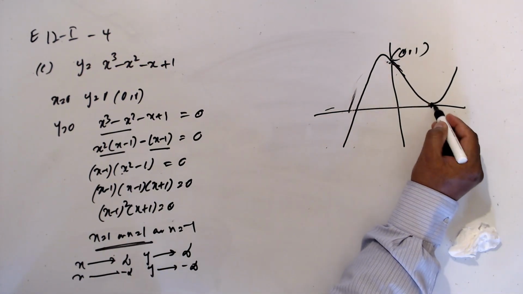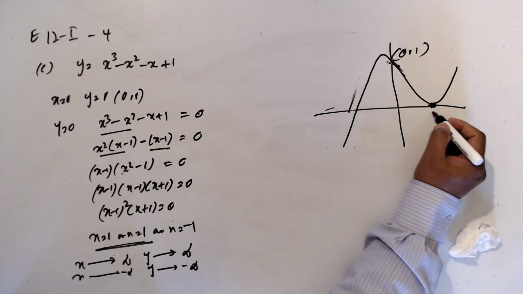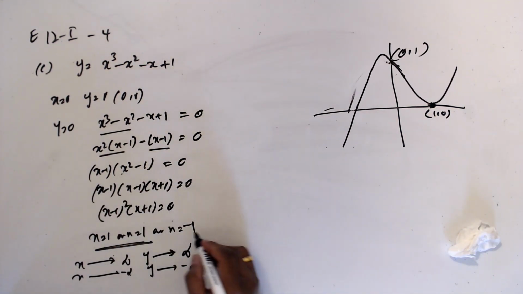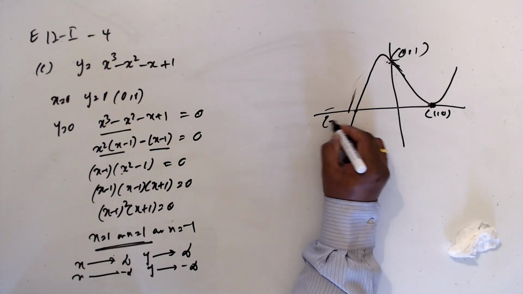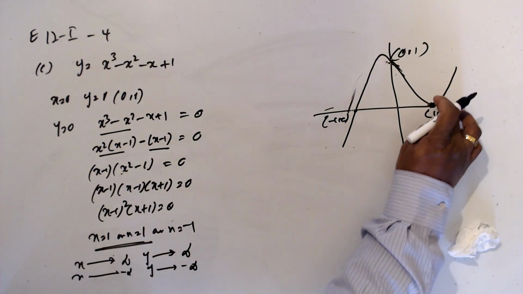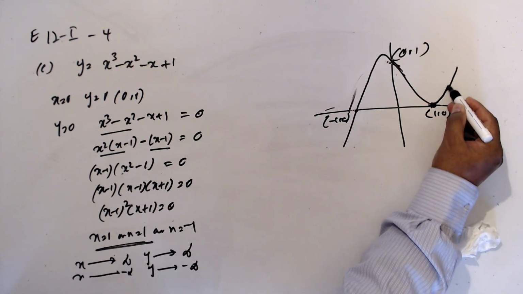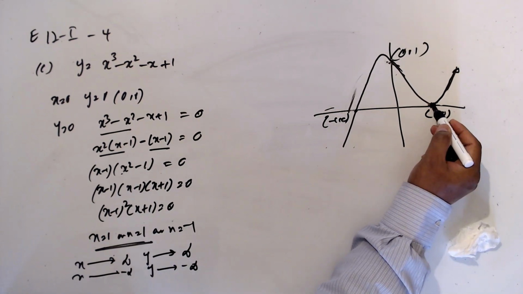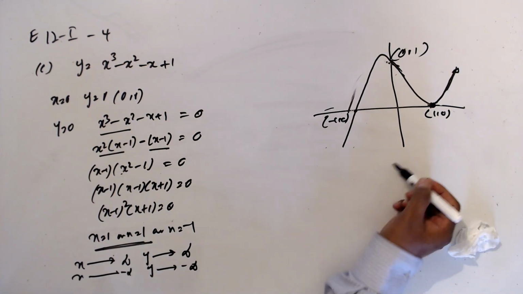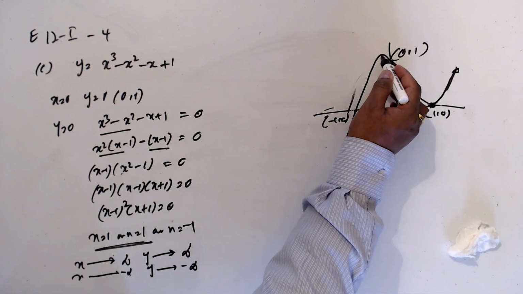So this is, we found out, (1, 0), and this is (-1, 0) here. Now you can see this is a minimum and this is a maximum.